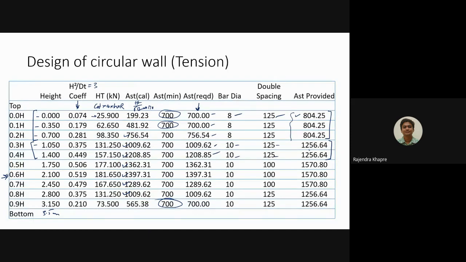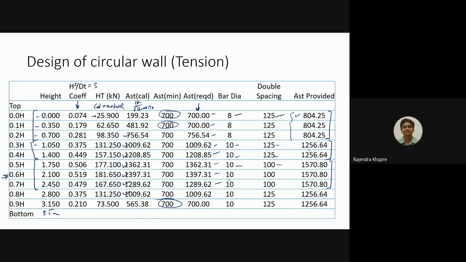The third region is the largest region, and it has the maximum steel. It is from a distance of 1.75 to 2.45. In this case, we are using 10 mm bars at 100 mm center to center, which gives about 1570.8 mm square, which is greater than the AST required over here.